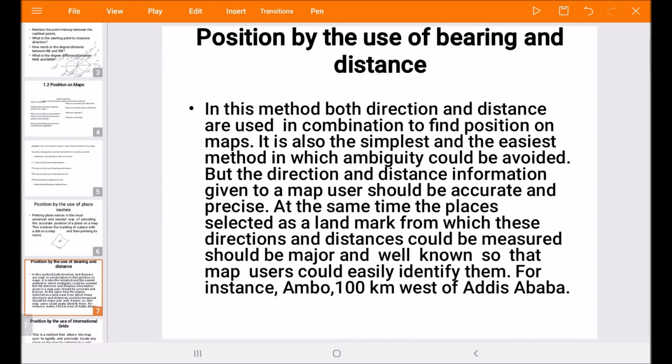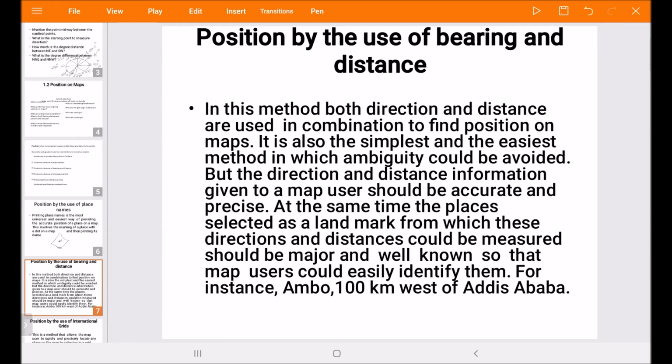For example, if somebody asks where Akaki is located: Akaki is located in the southwest of Addis Ababa at 16 kilometers. Such a method of locating a place on the map is position by the use of bearing and distance.